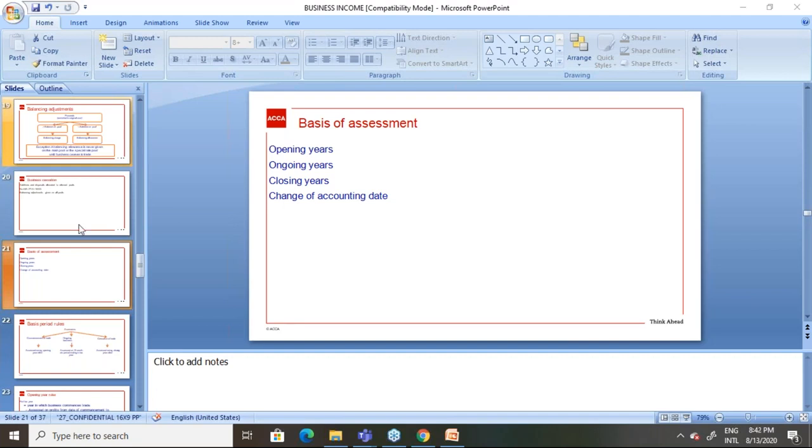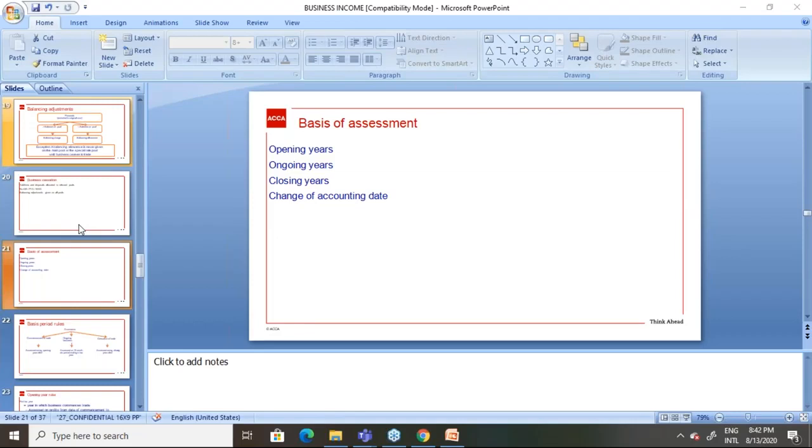The main reason is when it comes to unincorporated businesses, the accounting period can be different from the tax year. If the accounting period is different from the tax year, there's an incompatibility between the tax year and the accounting period. To make them compatible, we are using certain rules. We call them basis of assessment rules.